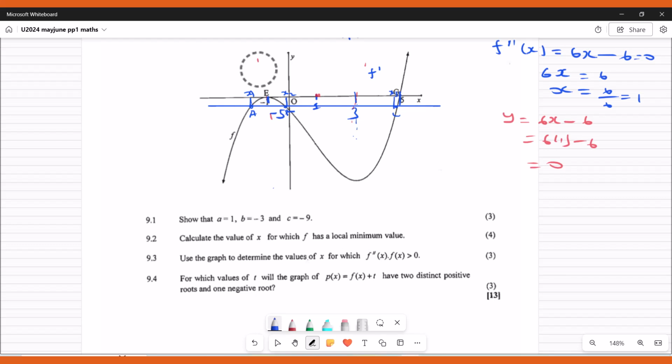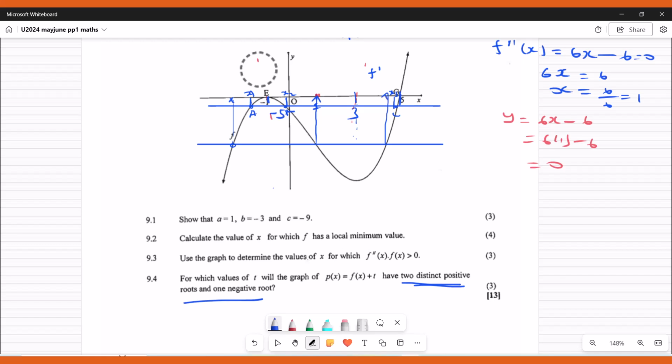But the question wants only two distinct positive roots and one negative. When can they be two positive and one negative? If I draw a line like this, cutting here at this point, this gives one root that is negative, because it is less than 0, a positive root here, and another positive root here.